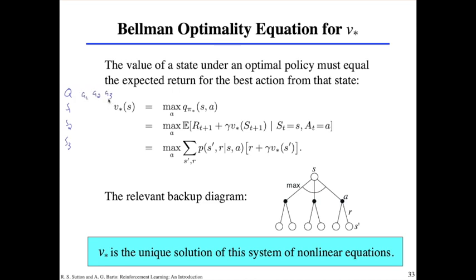Say there's 3 actions, and maybe they've got different values, and you'd always take the max one. And V star would just be all of the max values here.